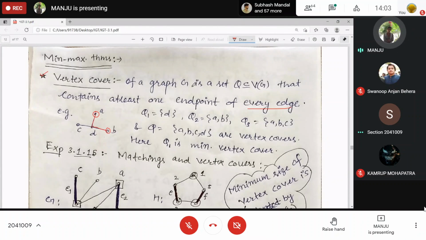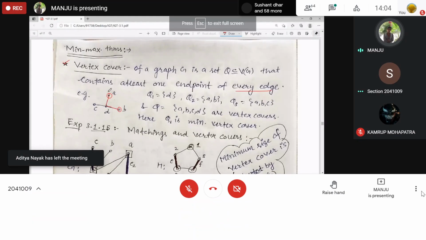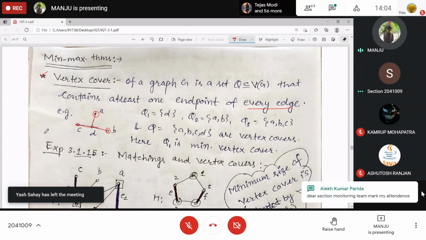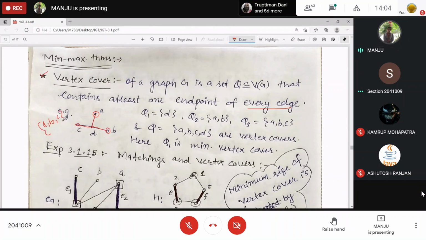So we need to take that set of vertices which covers all the edges. That means covering means that it contains at least one endpoint from every edge, right? So if I take C also, then C is covering C and D. Now the set of vertices A, B, C is covering all the edges, right? Yes, this is a vertex cover.